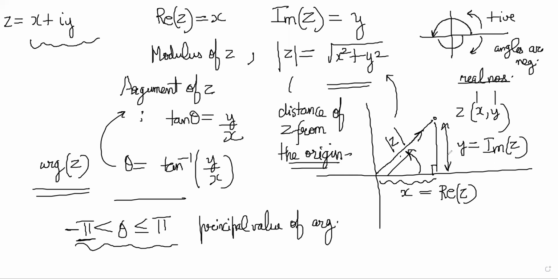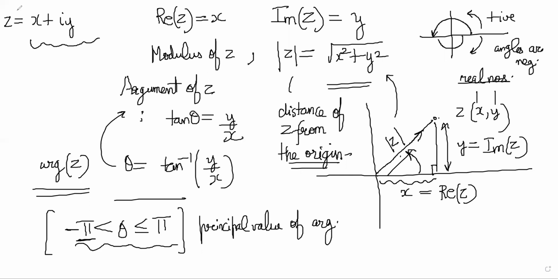And the argument of z is the angle that this vector line from the origin to z makes with the positive direction of the x-axis. And the principal value of the argument is defined to be the angle between minus pi and pi. So that is a little bit of the basics of complex numbers that you need to be aware of.